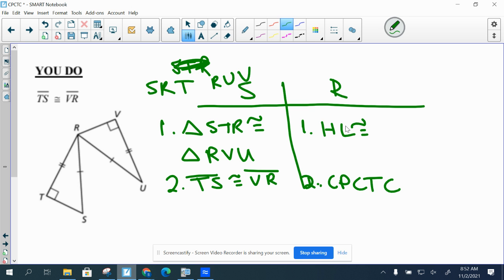So that's from hypotenuse-leg, these are right triangles. Sorry, I'm getting mixed up.